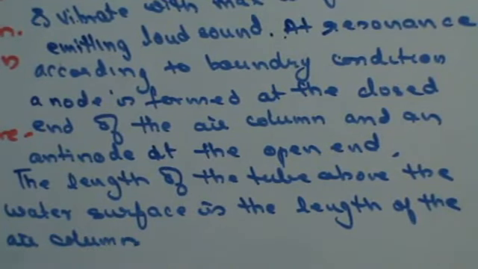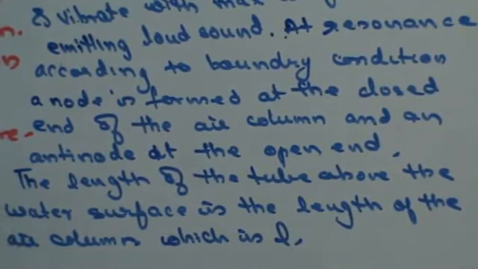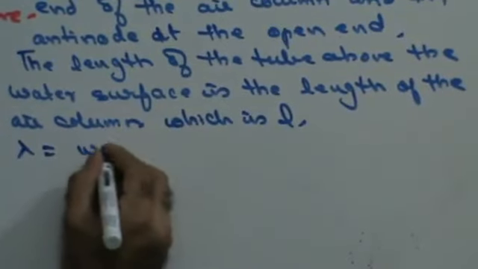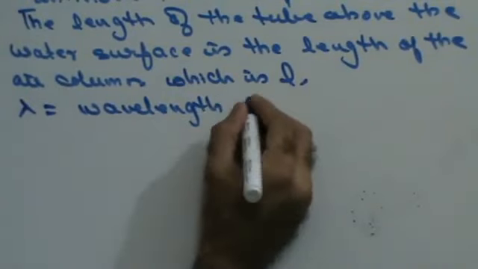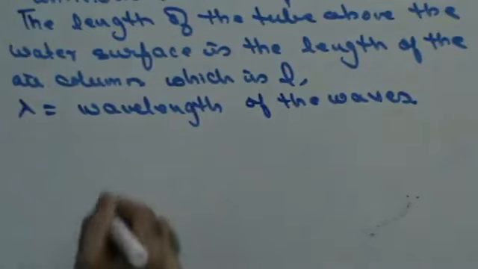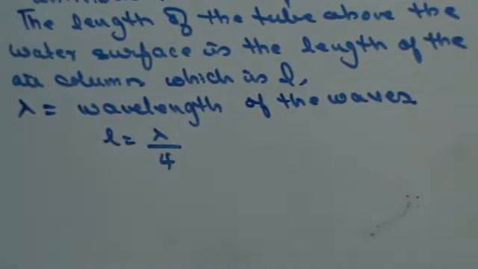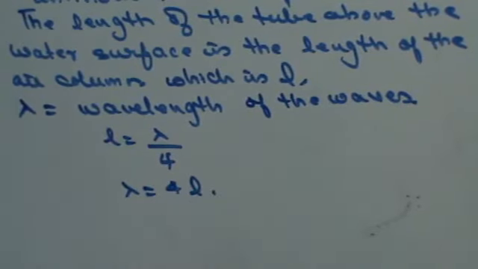Let us assume that this length is L. Since by boundary condition there would be only one node and one antinode formed, if lambda is the wavelength of the waves, then at resonance the length will be equal to lambda by 4, right? Therefore, lambda will be equal to 4L, right?